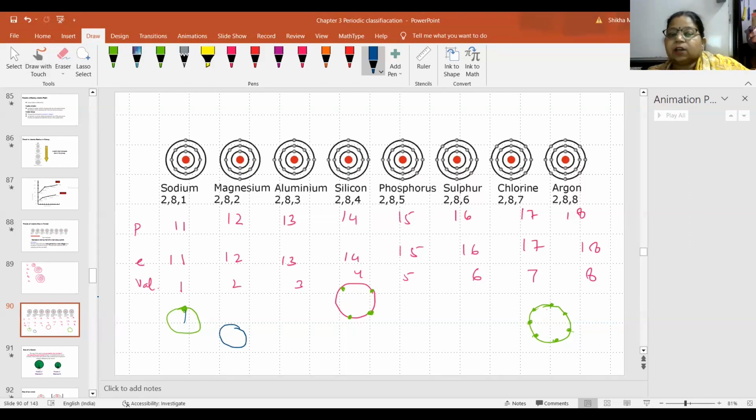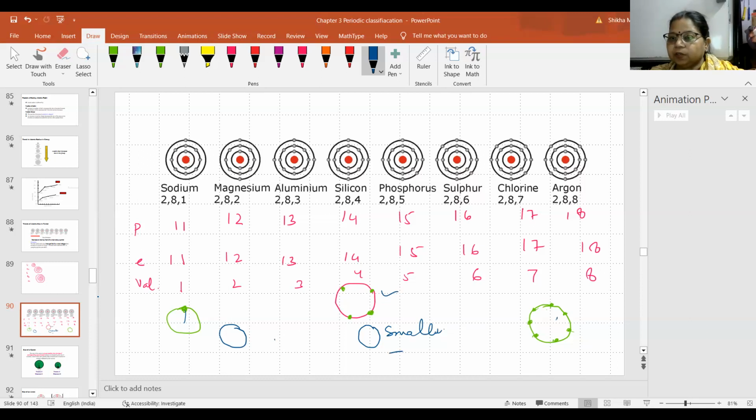In the silicon case, what will happen? This will be attracted or moved towards the center from 4 points. So its size will decrease much more. This will be smaller. In between these two, this will be small, this will be smaller.